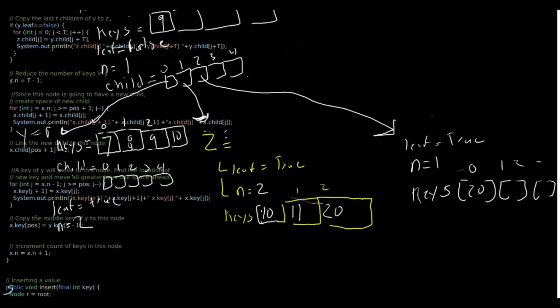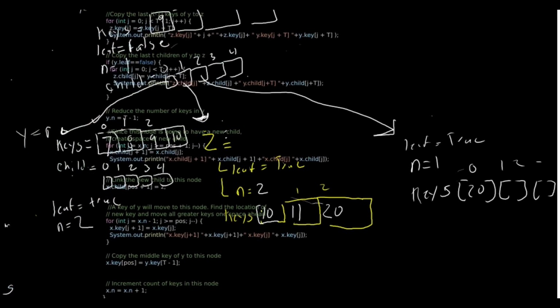Oh, we're not finished. Let me just see if I can get the code. Okay, where's the code here? I need the code. Come on, get the code here. Alright, and then we have to copy the middle position. As you can see, we need to copy this middle position right over here.